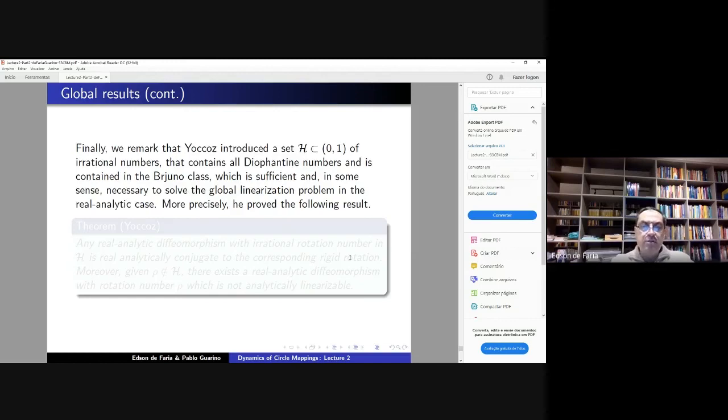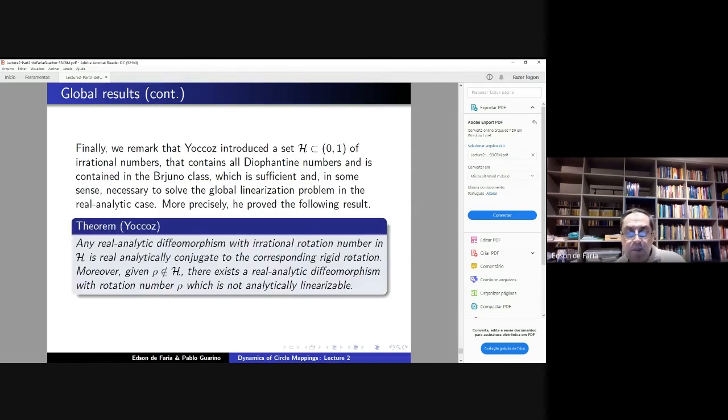And it turns out that the best set of rotation numbers that you have there is no longer the Bruno numbers. The Bruno numbers are good for when the map is close to a rotation. If you're far from a rotation, you can only guarantee that you have an analytic conjugacy if your rotation number lives in a class which is strictly smaller than Bruno. It's larger than Diophantine, but smaller than Bruno, okay?